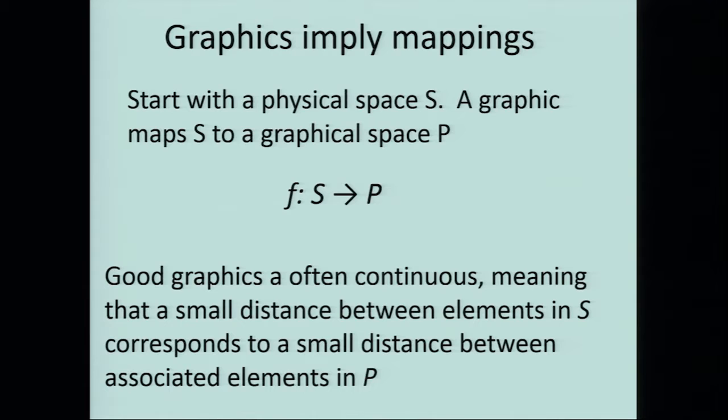Now, if you can make these continuous, in the sense that small changes in the physical space lead to small changes in graphical space, or vice versa, then this is advantageous and makes for good mapping that's easier to work with. If there are discontinuities, then that's a mapping that's less useful.